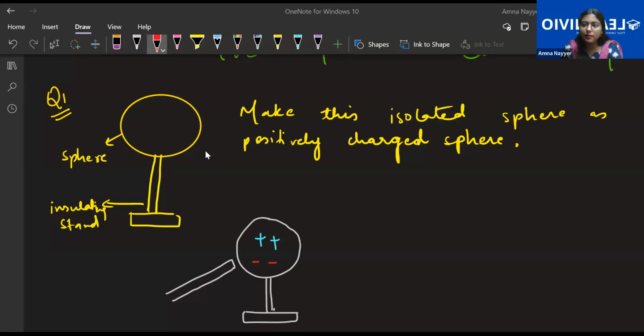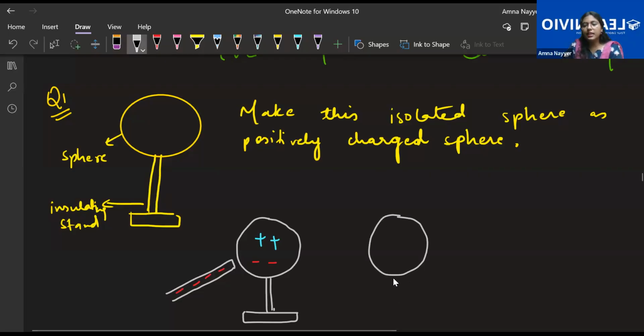This is what you're asking, Aisha? Yeah. We brought a negatively charged glass rod because right now the body is neutral. So, what will happen if you bring a negatively charged glass rod?